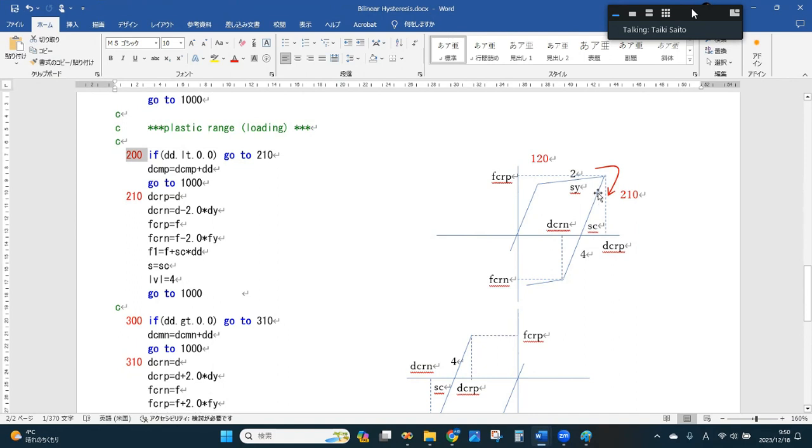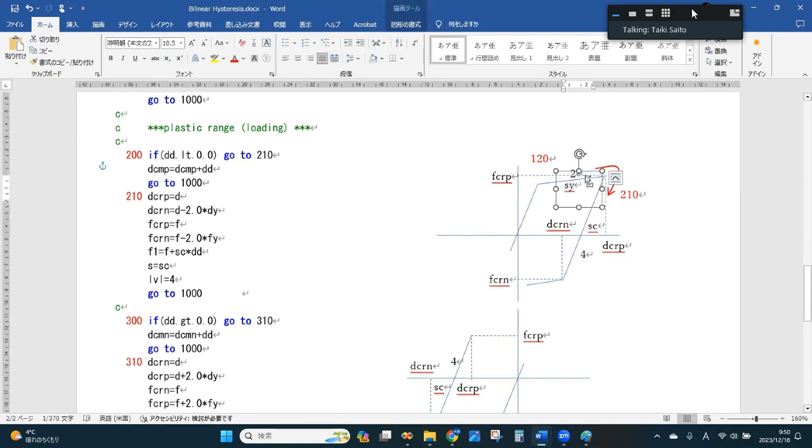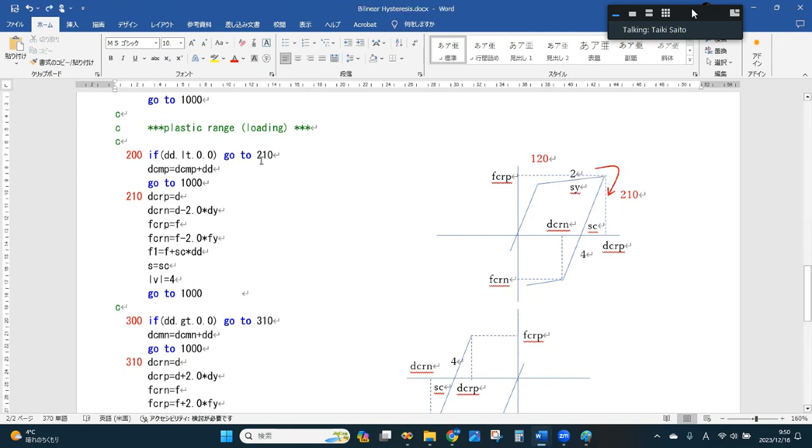How do you check coming back? If DD, the increment of deformation, is negative, it will be coming back, the return slope. If the increment is positive, you continue to stay at level 2.